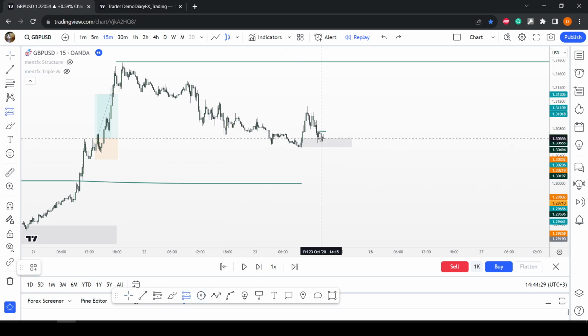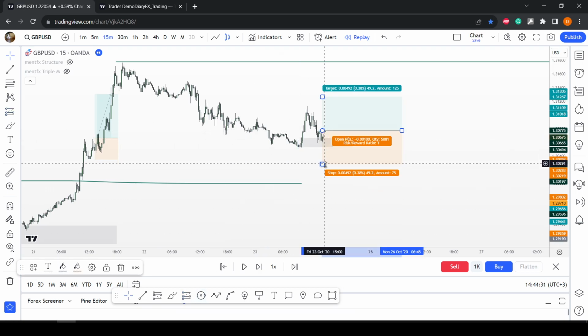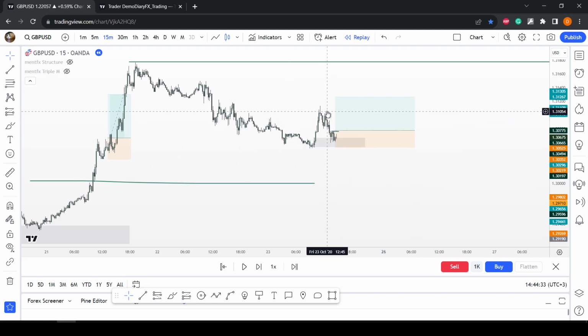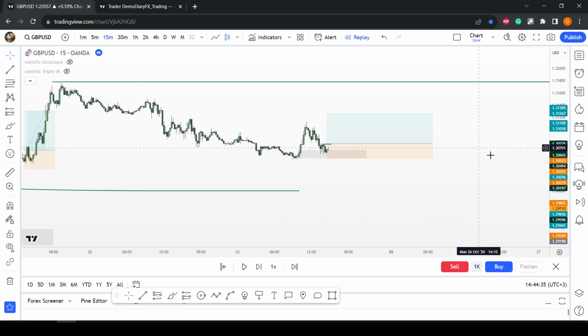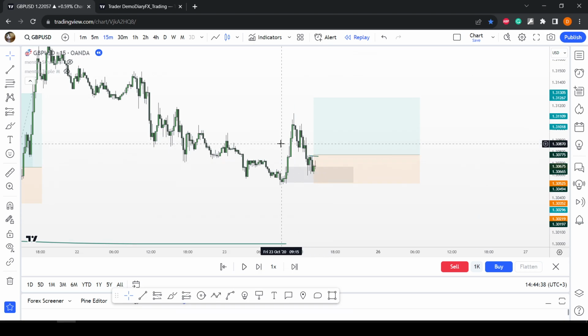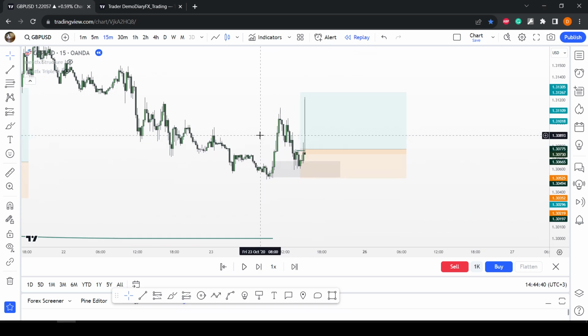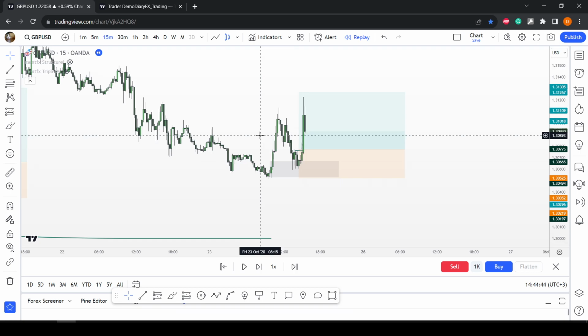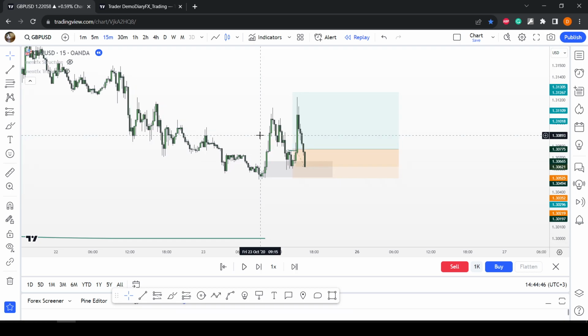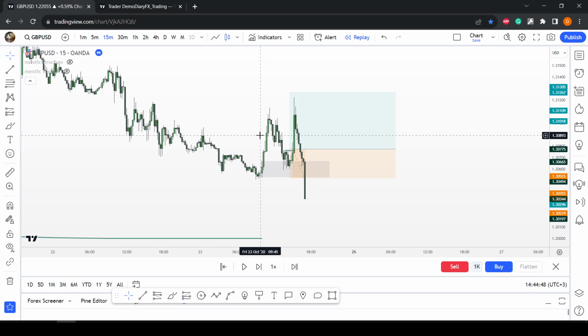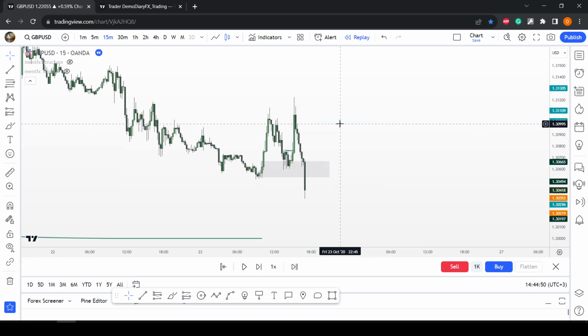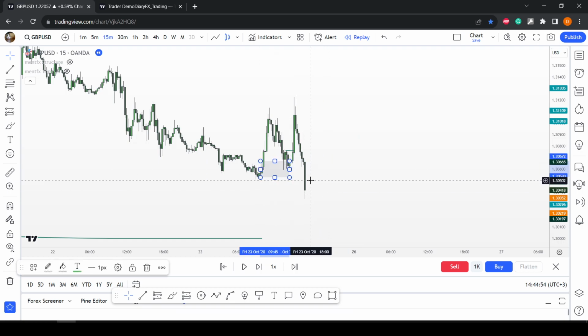Again, it's not an entry, but imagine that we enter here. What is the chance that this zone will hold perfectly while we don't have momentum? I mean, okay, it holds, and then breaks. But again, it's not the entry, it's not a winner or loser. But yeah, this is quite expected.